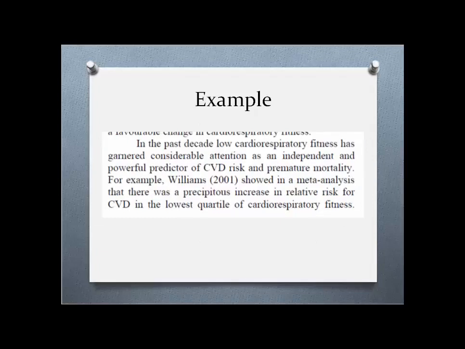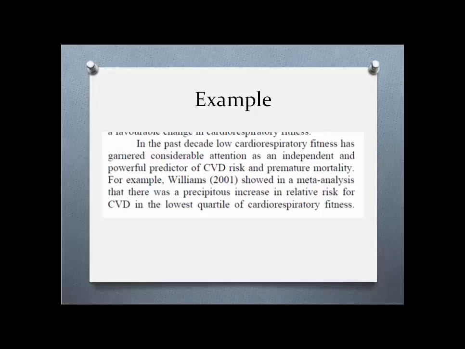Another example. In the past decade, low cardiorespiratory fitness has garnered considerable attention as an independent and powerful predictor of cardiovascular disease risk and premature mortality. Okay, again, topic sentence, starting with a broad general statement of what the theme of the paragraph to follow will be.